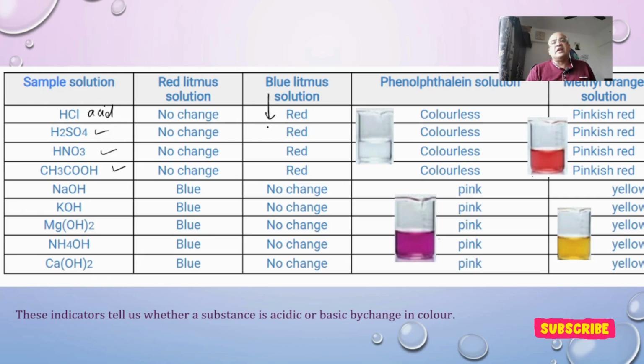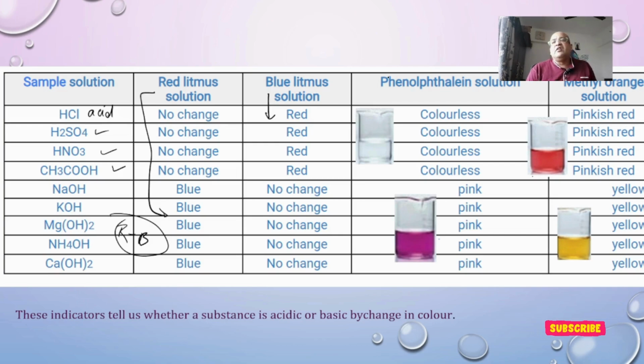Blue litmus paper turns red. Now here you see a few of the bases: sodium hydroxide, potassium hydroxide, magnesium hydroxide, ammonium hydroxide, and calcium hydroxide. What is happening here? Red litmus changes to blue, right? So red changing to blue means it is basic. And there will be no color change for blue litmus paper for a base.